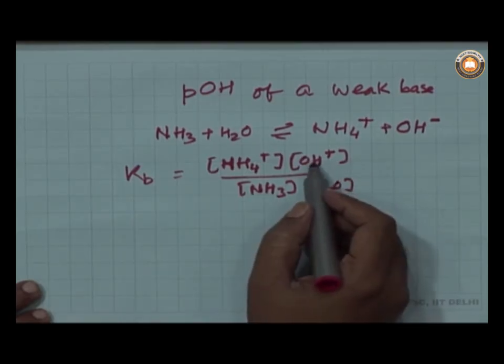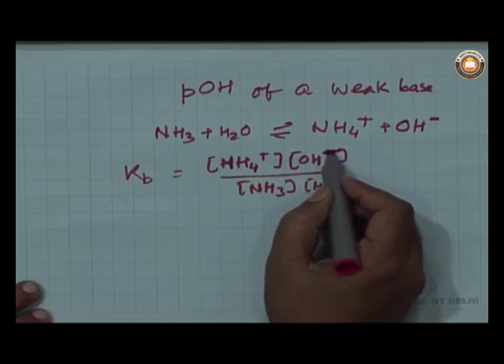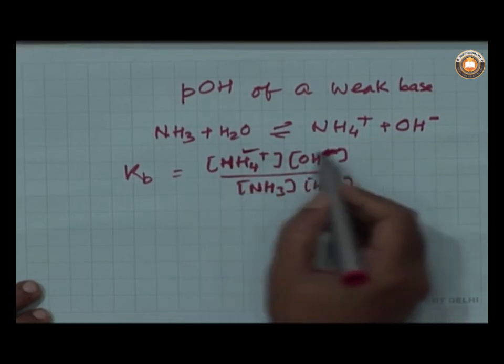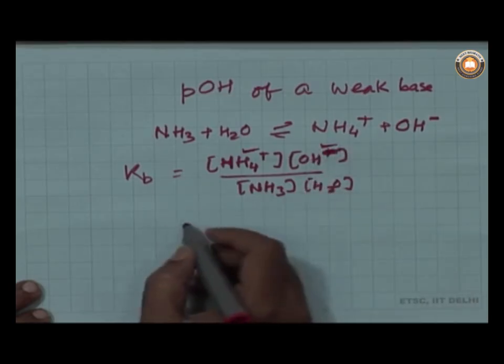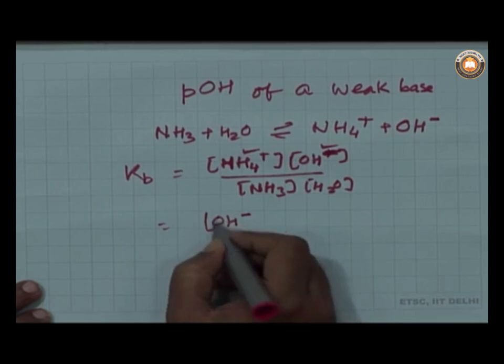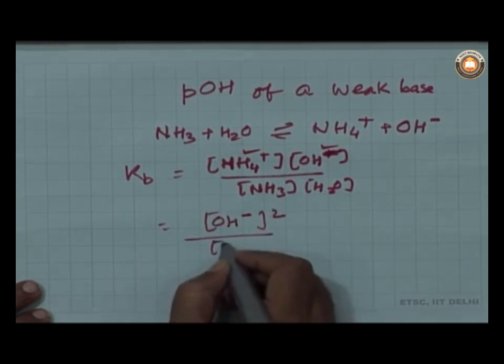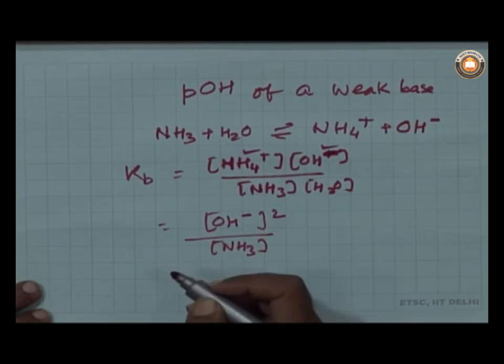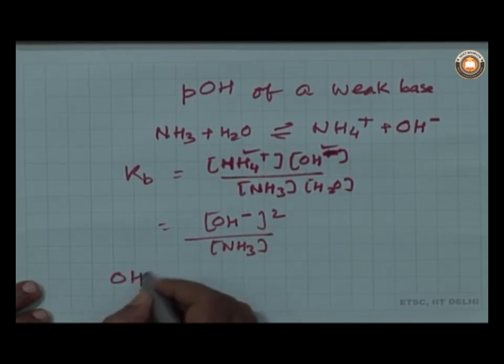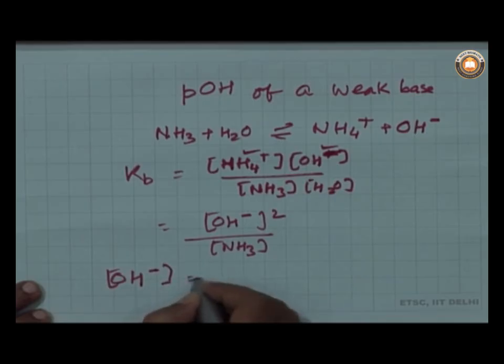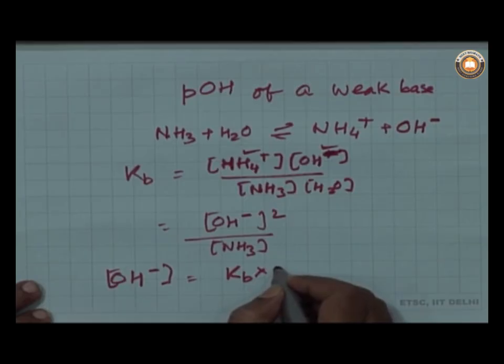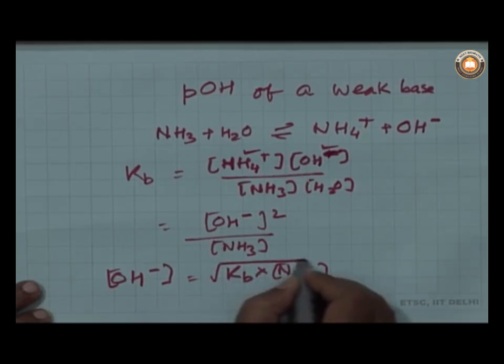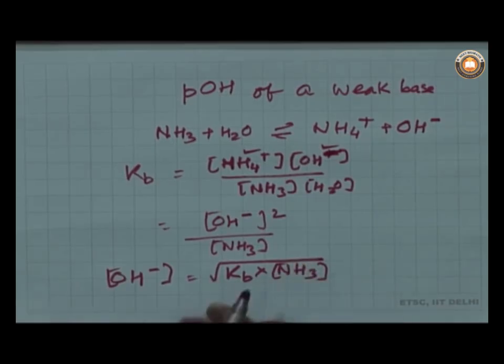And now, we can see that in this case also NH4 plus ion and OH minus ion will be equal. So, you can simply write OH minus squared by ammonia, and so OH minus ion concentration will be given as the square root of Kb into NH3 concentration.